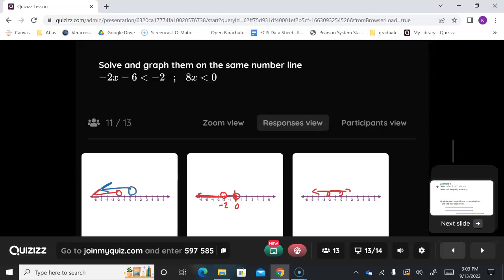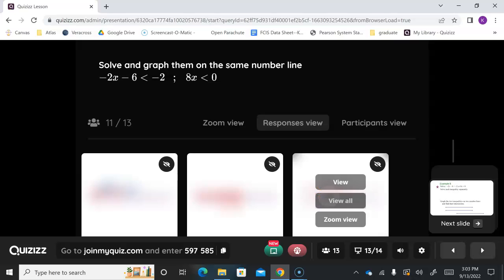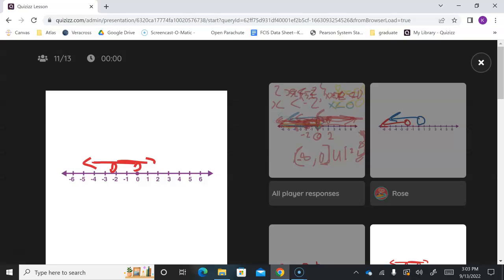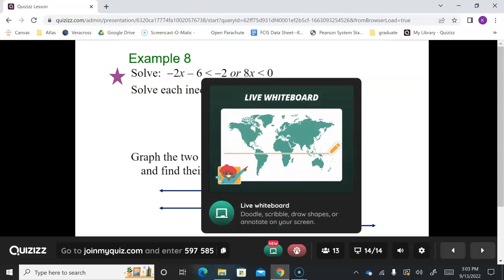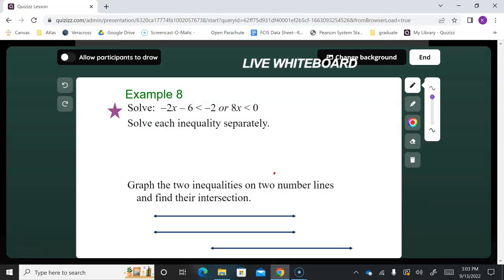Forgot to flip. This is good. You got to flip your inequality on the -2. Divide by -2, you got to reverse the inequality. So when we look at this, -2x. Wow, that's really off.